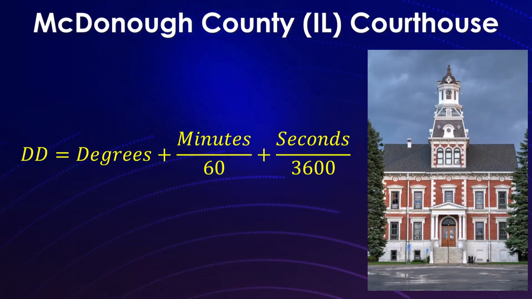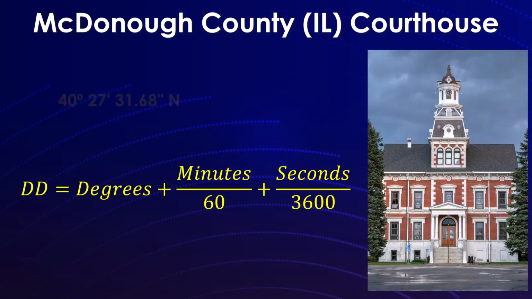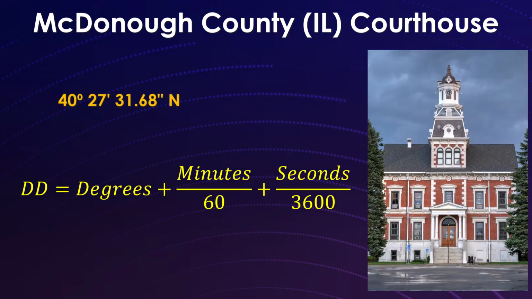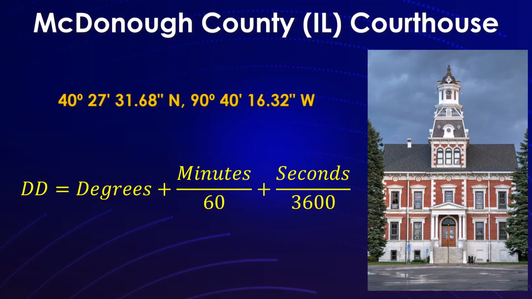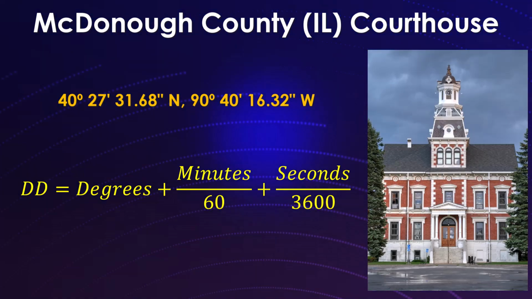The coordinate position for the courthouse is a latitude of 40 degrees, 27 minutes, 31.68 seconds north, and a longitude of 90 degrees, 40 minutes, 16.32 seconds west. Let's convert these coordinates to decimal degrees.